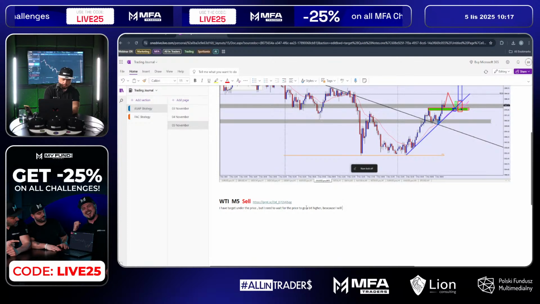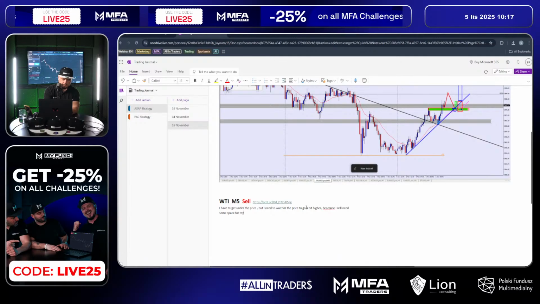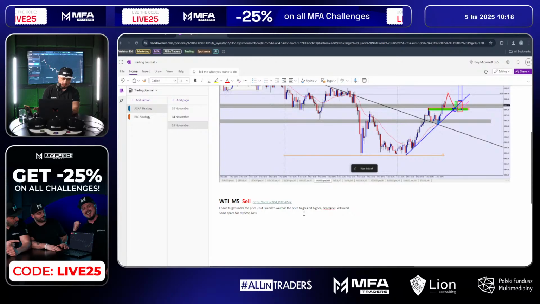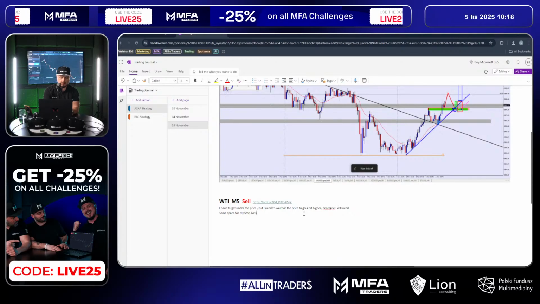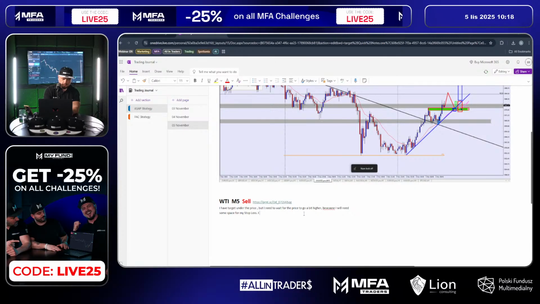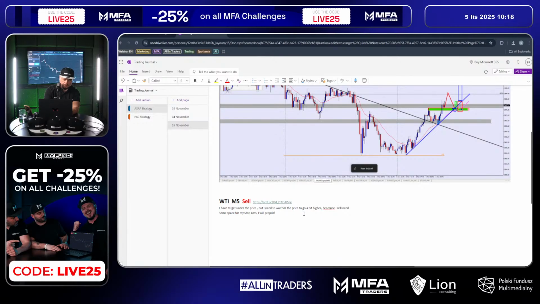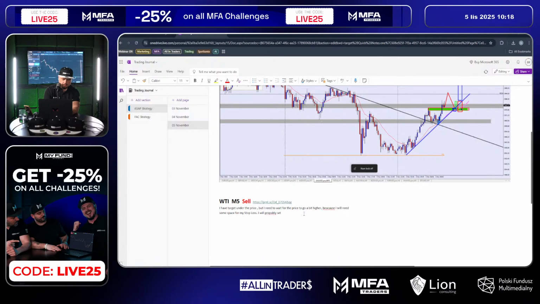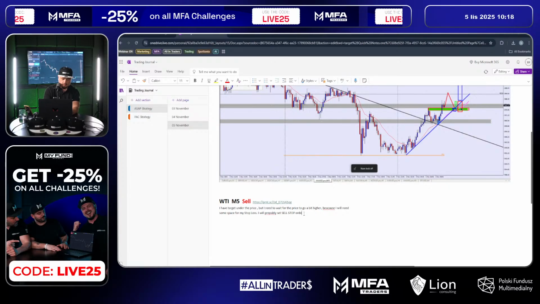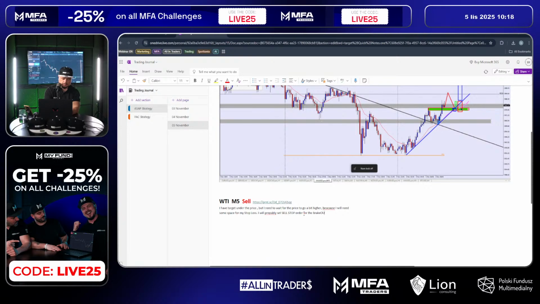I will need some space for my stop loss. Okay, I will explain that in a second, but I need to wait for the price to go a bit higher because I will need some space for my stop loss. I will probably set sell stop order for the breakout.